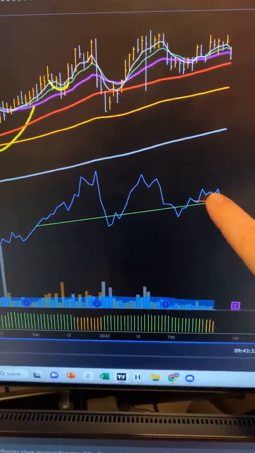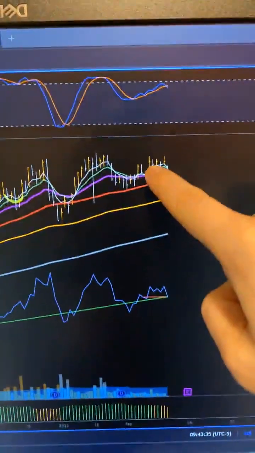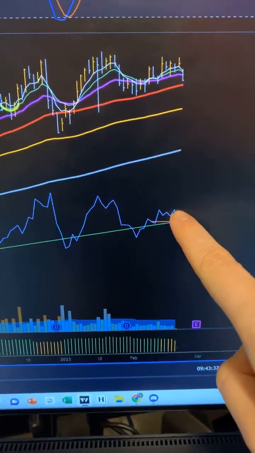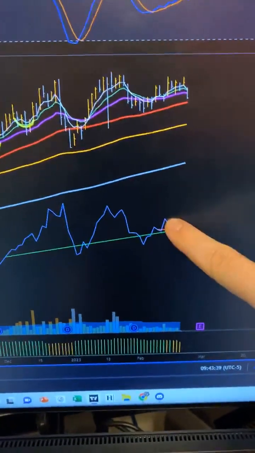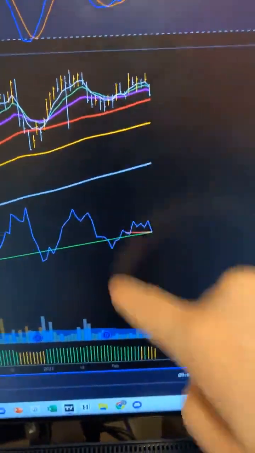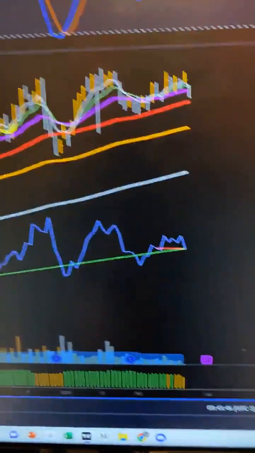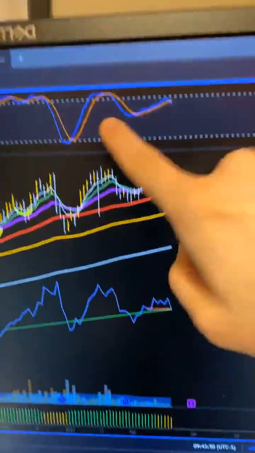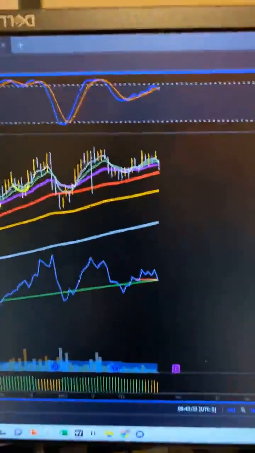It also lets me know if price is outperforming the relative strength or vice versa. Generally, I like to see the relative strength outperforming the price action. Let's see, well, what else? A few different moving averages on this chart. Up here are the stochastics, and that's really all that I look at.